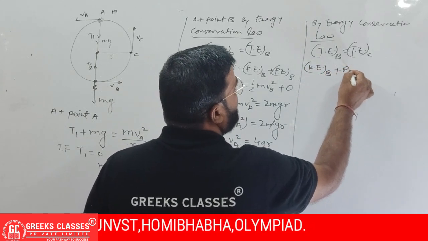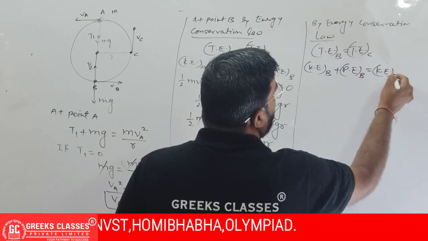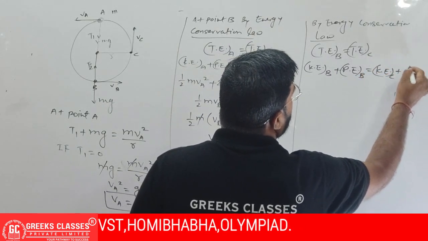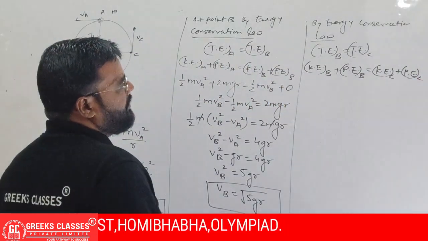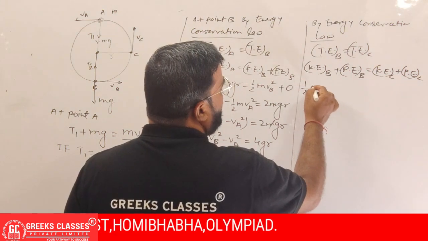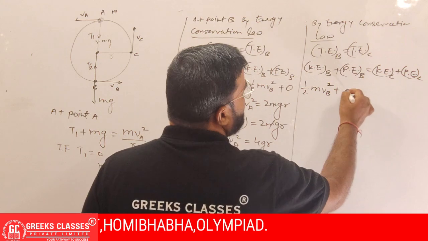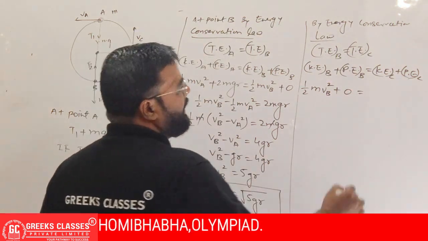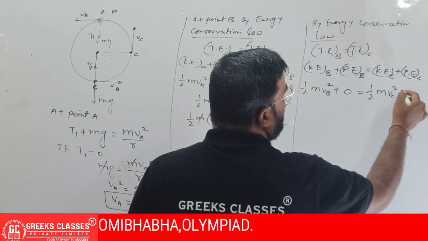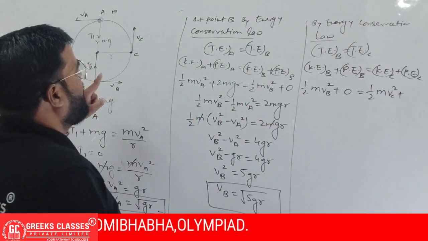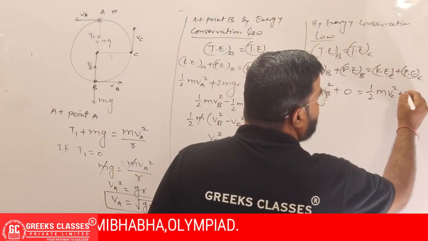Kinetic energy at B plus potential energy at B equal to kinetic energy at C plus potential energy at C. Now see here, what is kinetic energy at B? That is half mVB square, plus potential energy at B equal to 0. Kinetic energy at C is half mVC square. And what is the potential energy at C? It is mg, and the height is r. So mgr.